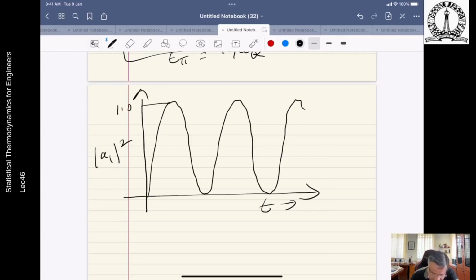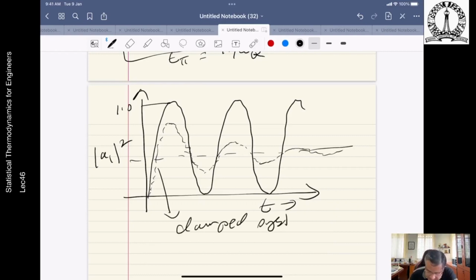The moment you start to have damping, this will start to decay, and so on and so forth. So these are the damped systems because of relaxation.